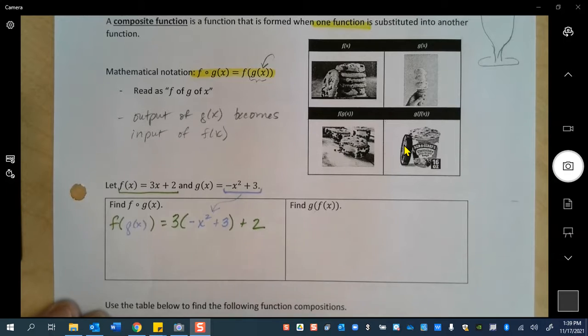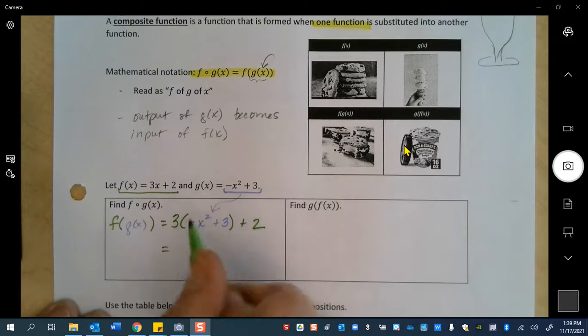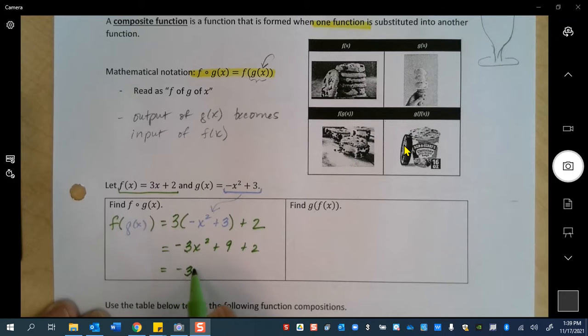two functions. Because once I see that, then I know that it's the opposite of 3x squared plus 9 plus 2, and I get the opposite of 3x squared plus 11. Once I embed that function into each other.